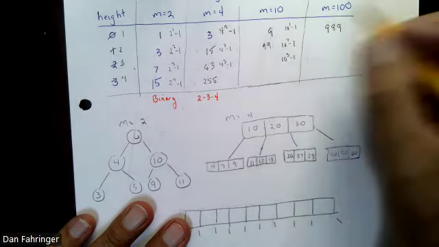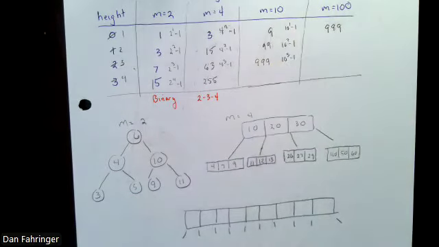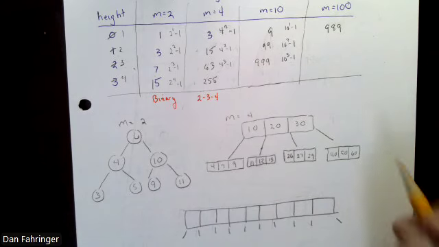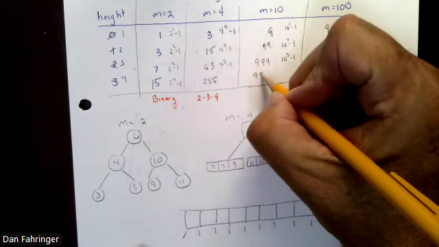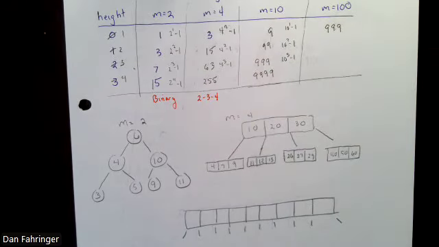Looks like it's going to be 999 within 3 levels. Yeah, okay. This math stuff's cool. I like it. And then 4 levels, I could store 9,999 pieces of data.